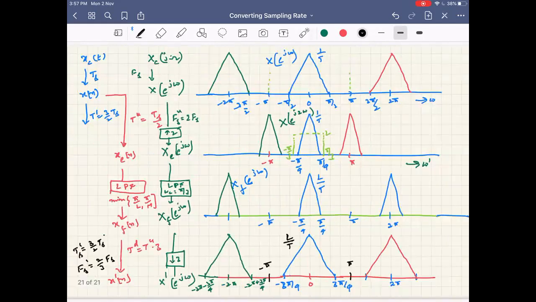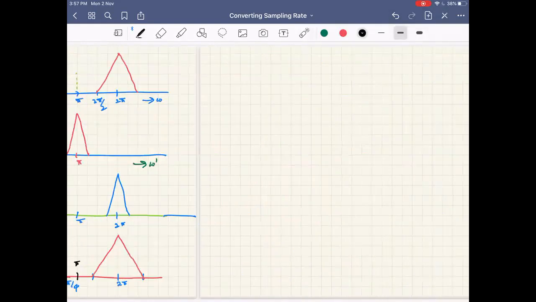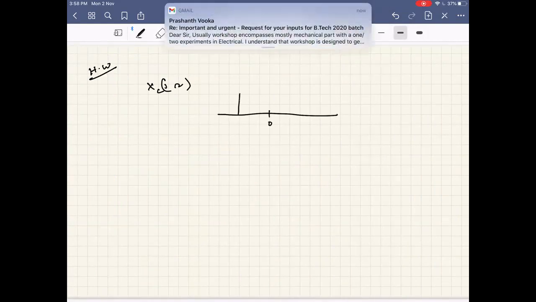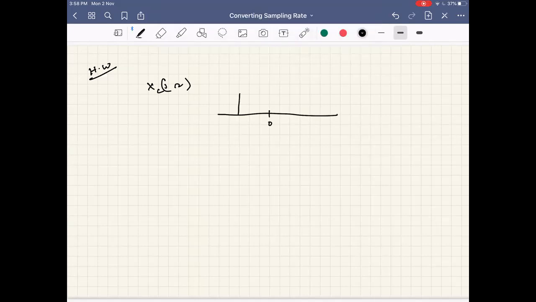What I request you to do is take a spectrum as an example, homework. Let the spectrum xc of j omega have this shape.